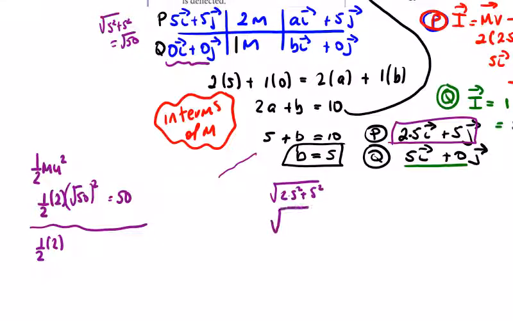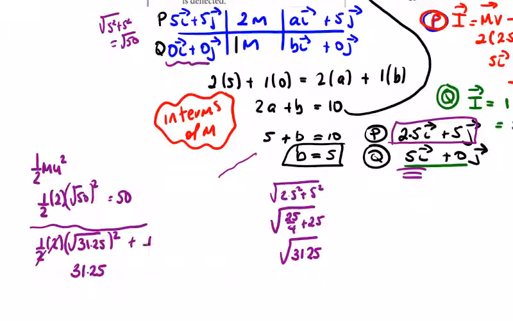So that's the square root of 25 over 4 plus 25, the square root of 31.25, which squared is just going to be 31.25. And then we have the second one, plus a half times 1 times 5 squared, which is half of 25, which is plus 12.5.